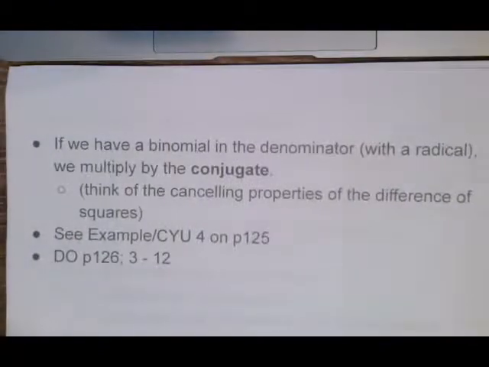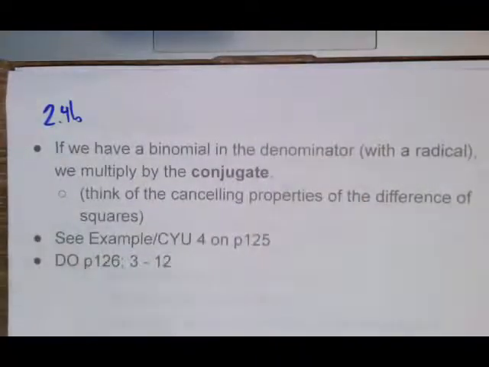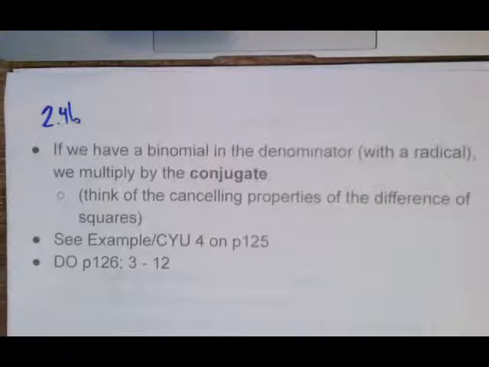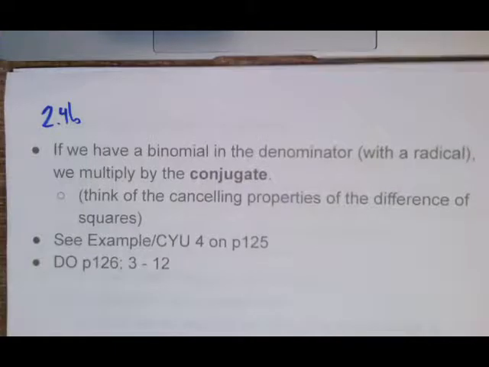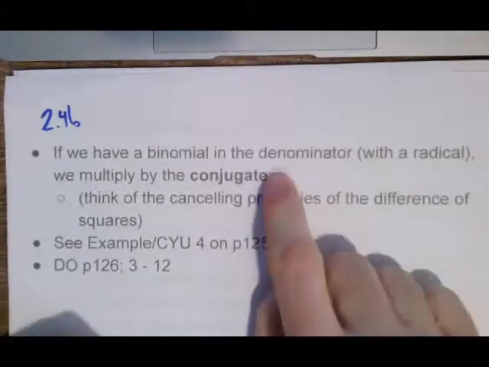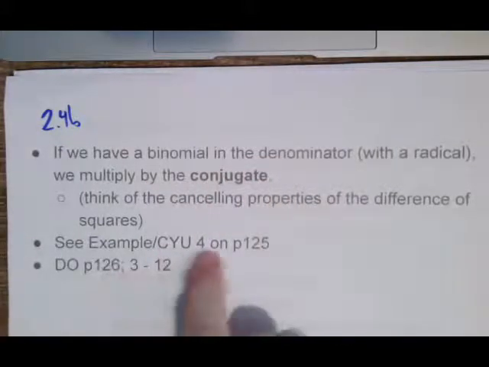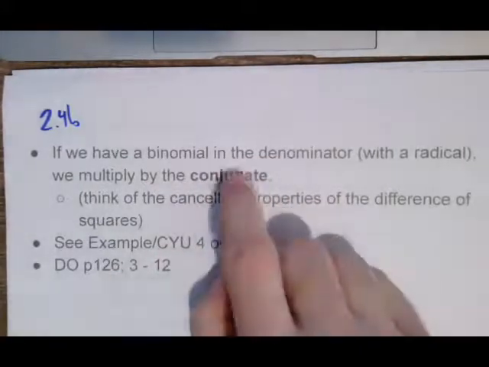This is still 2.4, part B, if you will. This is the trickiest thing that we're going to do. I think the other stuff is pretty straightforward. Okay, got it down. Good. We'll get to this when we get into check your understanding number 4.